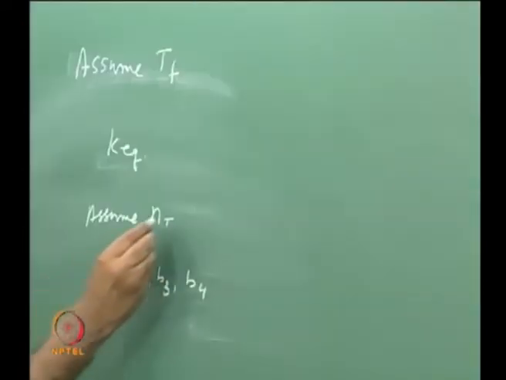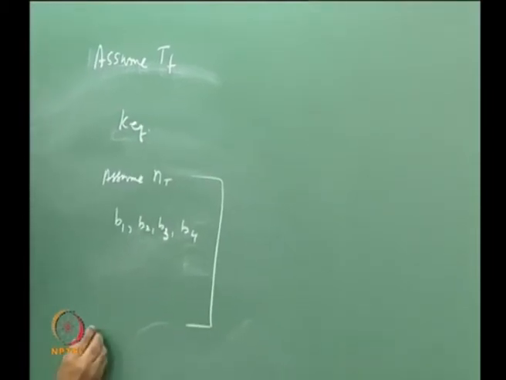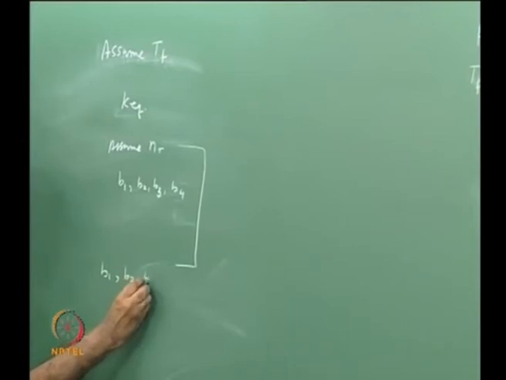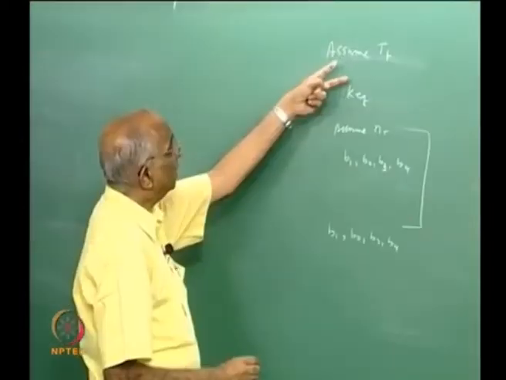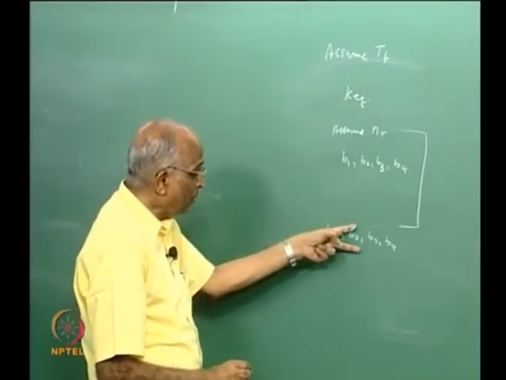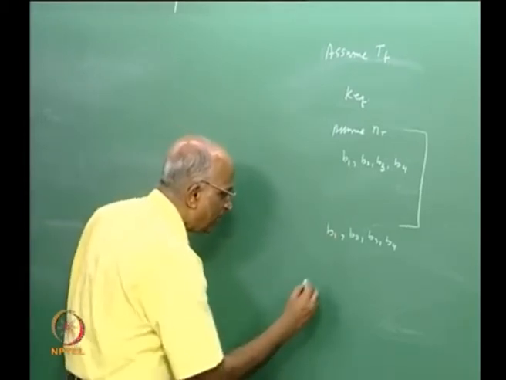Then I check whether the assumed value of Nt is correct, therefore this must first converge, and then I get the correct values of B1, B2, B3 and B4, provided that at this particular temperature. But then I use these B1, B2 in the enthalpy balance. What is it I do in the enthalpy balance?